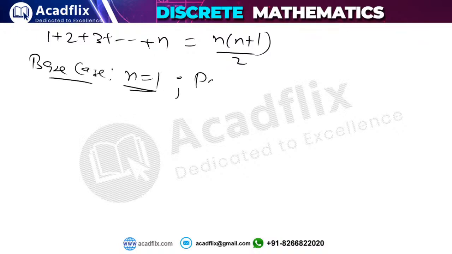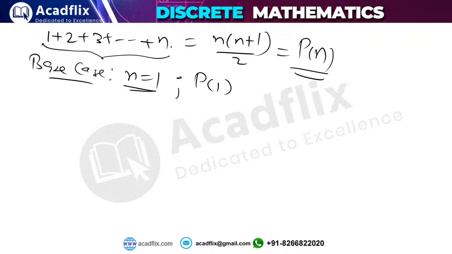Let's call the statement Pn. Pn means the sum of the first n natural numbers: 1, 2, 3, 4 and so on up to n. Pn is the summation of the first n natural numbers.